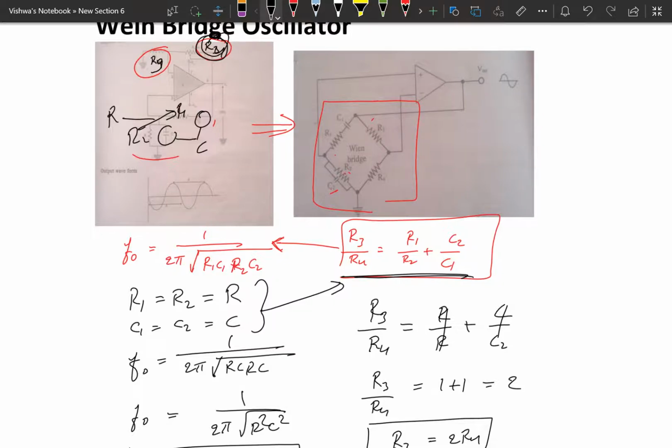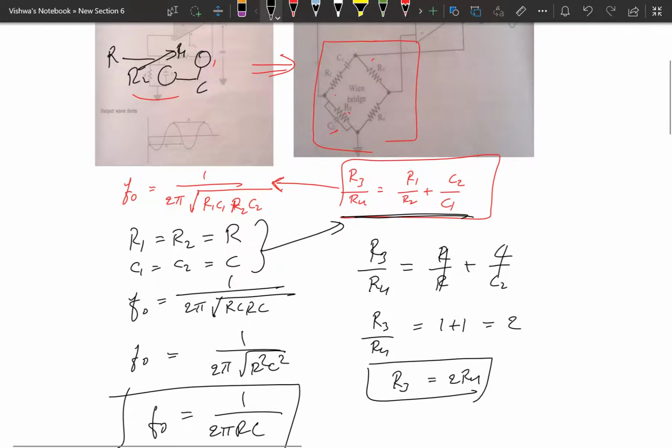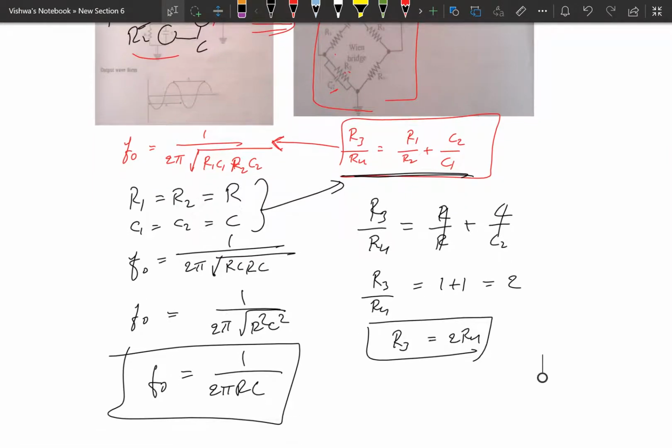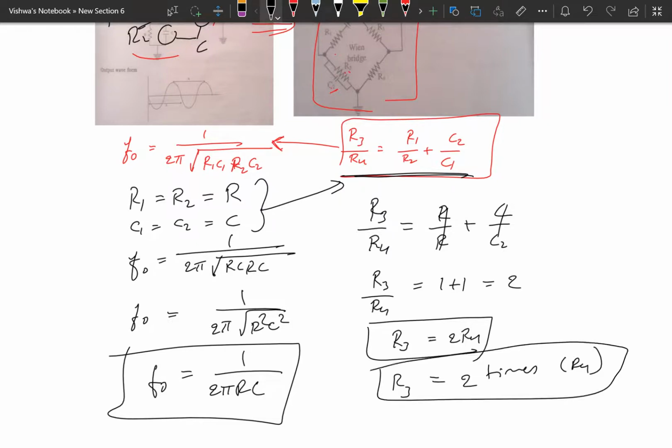This feedback resistor is always greater than the resistor that is grounded, so that the feedback resistor R3 should be 2 times R4. Suppose the grounded resistor for the inverting terminal is about 2 kilo ohm, then R3 is minimum 4 kilo ohm, that is, the feedback resistor is minimum 4 kilo ohm.